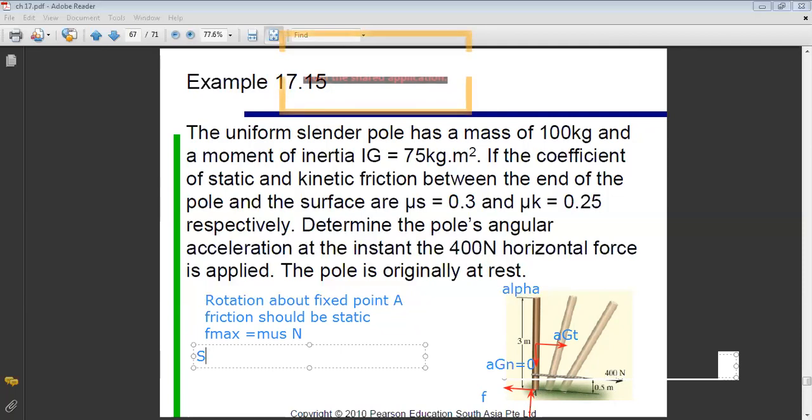Because A is fixed. If A were an instantaneous center, you could not say sum of moment about A equals IA alpha. But because it's rotation about a fixed point, you can put that sum of moment about A is equal to IA times alpha. And do you know what the inertia is about the extremity of a rod?